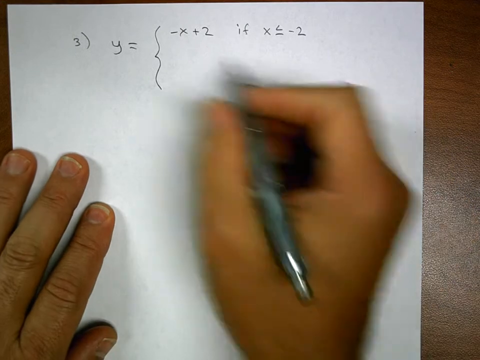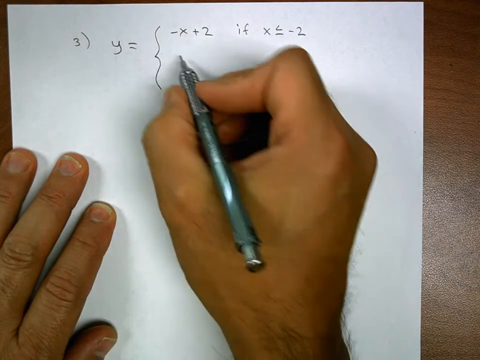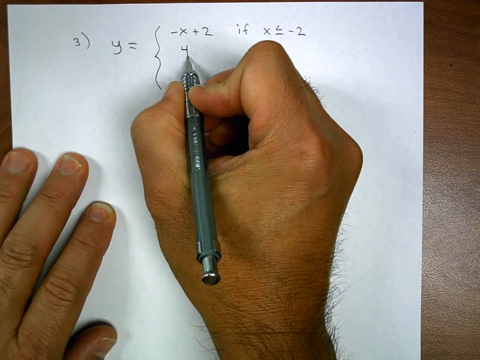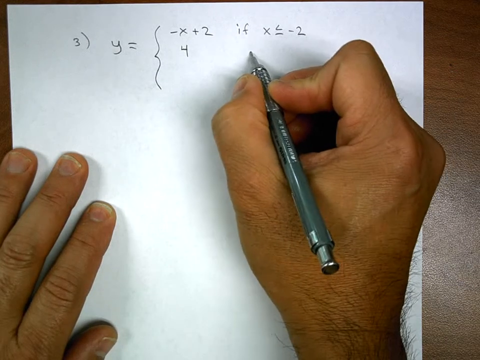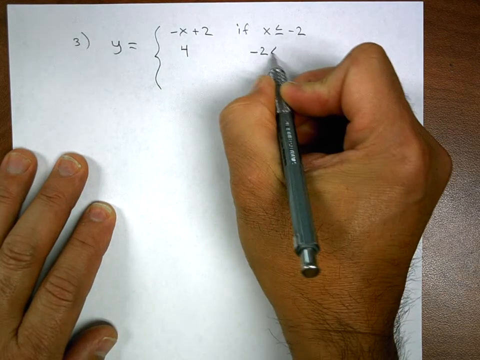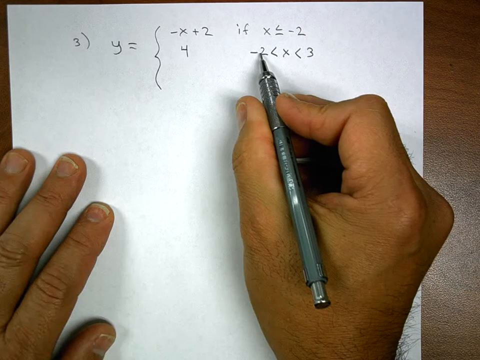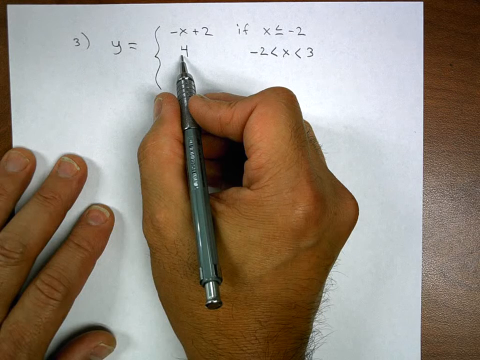That's a line, and we can graph that. We have another line, y equals 4, which is a horizontal line, and we'll see this between negative 2 and 3.